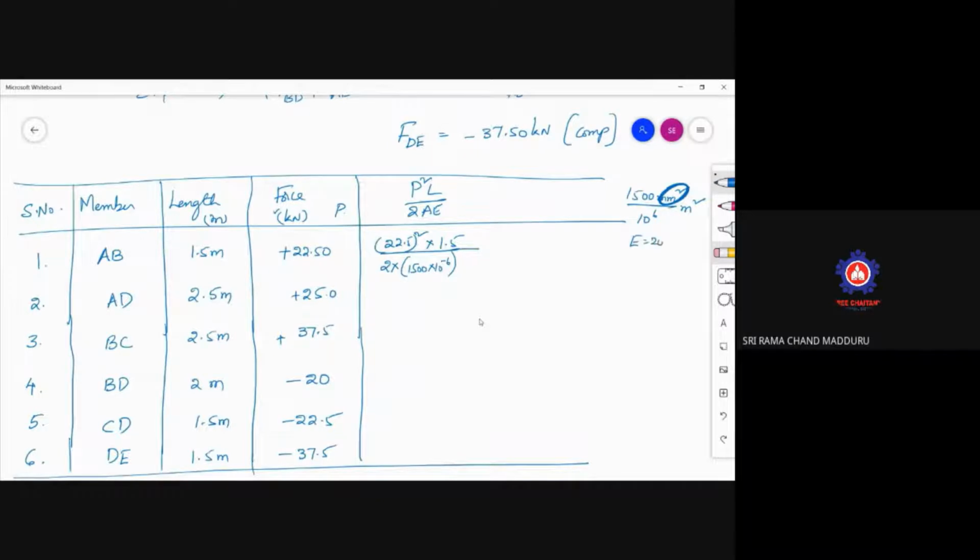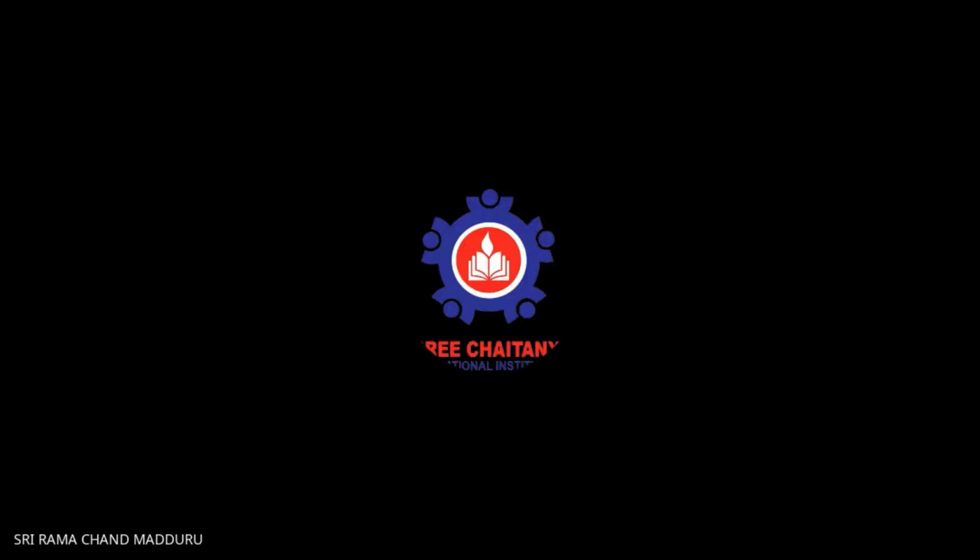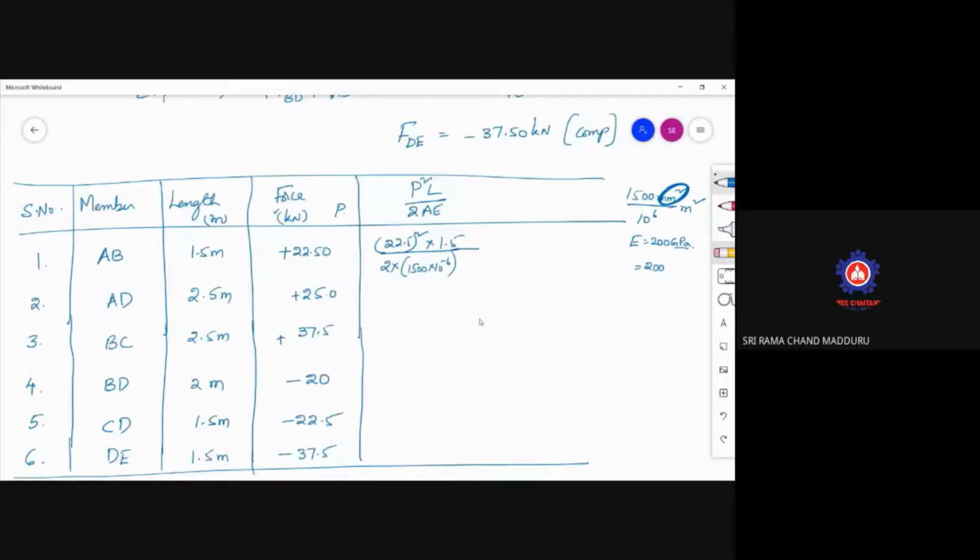E is given as 200 GPa. You have to convert in terms of MPa, 2 into 10 cube MPa, or 2 into 10 power 5 Newton per mm square. But here, 2 into 10 power 5 by 10 cube, you will get in terms of kilonewton.